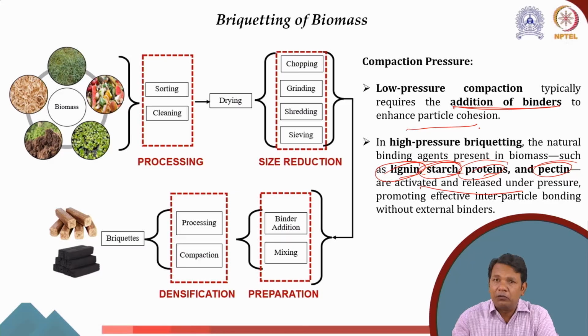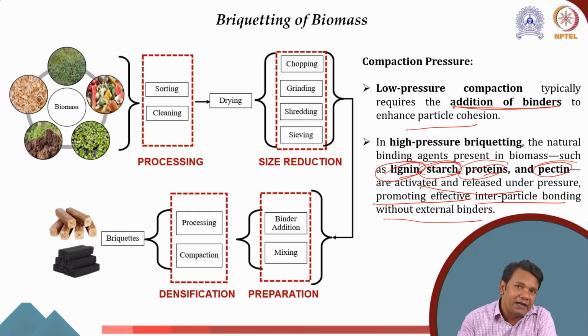They are part of the biomass. So when we apply high pressure and they get released, they will eventually promote effective interparticle bonding without external binders. That's why in some cases, for some of the feedstock, we actually did not require any kind of binders in the table that I showed earlier.